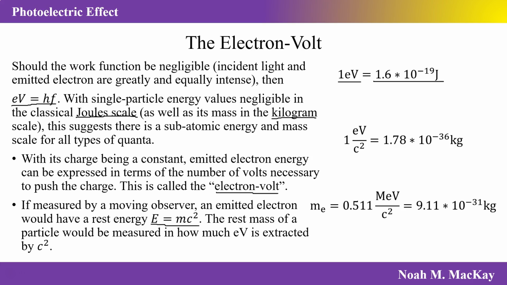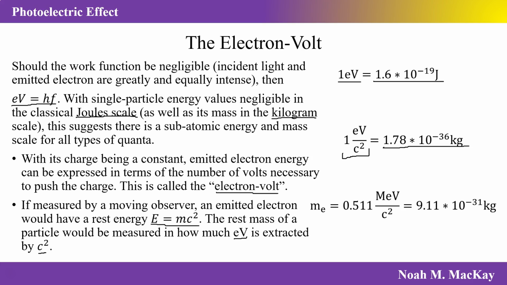The rest mass of any particle is just the number of eV divided by c squared. Keeping eV over c squared as a unit on its own, numerically it is similar to this value in kilograms, and it's a very small number.